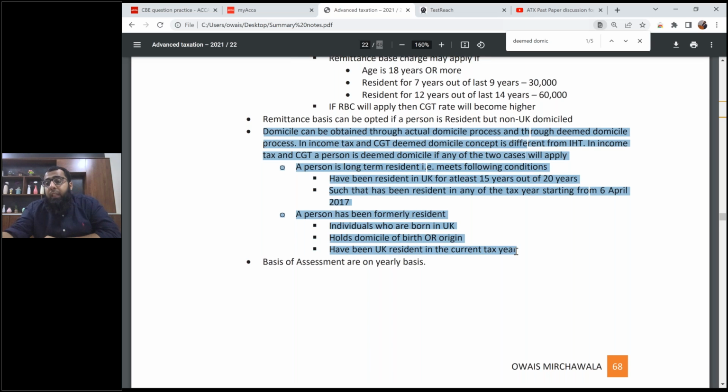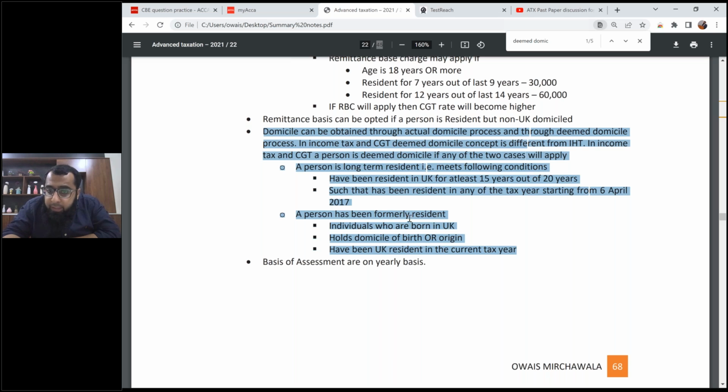One student is asking, sir, please repeat. What do you want me to repeat? The student asked me whether deemed domicile is only in income tax and CGT. So I was making it clear that the concept of deemed domicile is in IHT and it is also in income tax and CGT. It is in both topics. In IHT, for formerly resident, we look at the residence status of the previous 2 years.